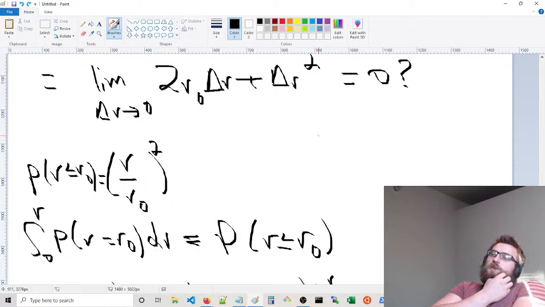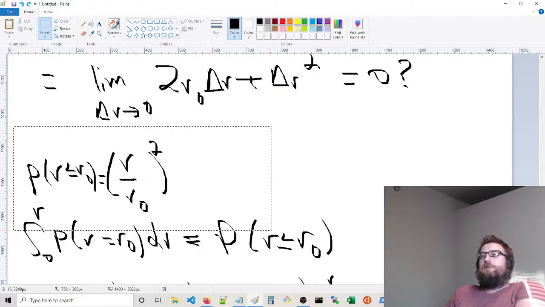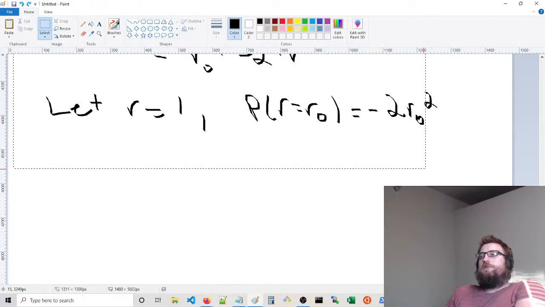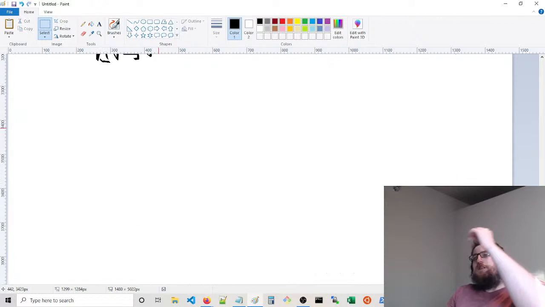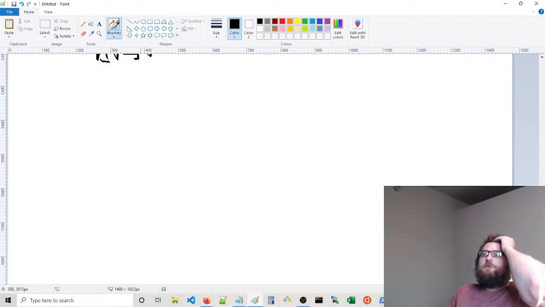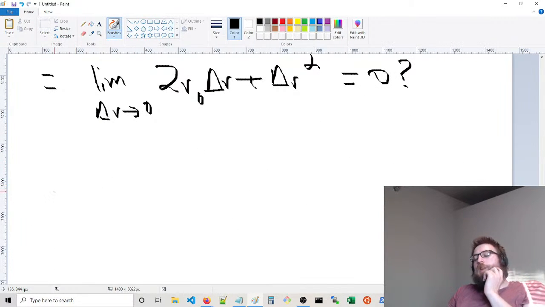So the probability that any particular point has, I want to say, a given radius is the radius squared. Oh, the radius of that point squared.